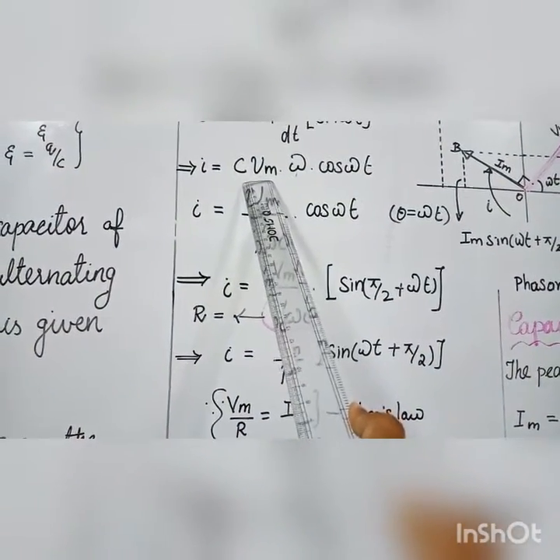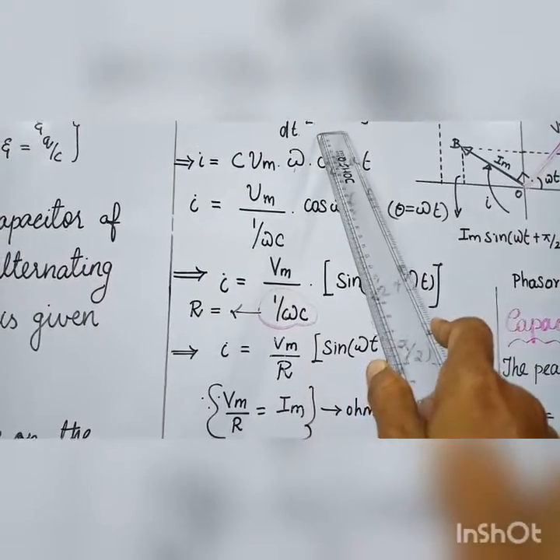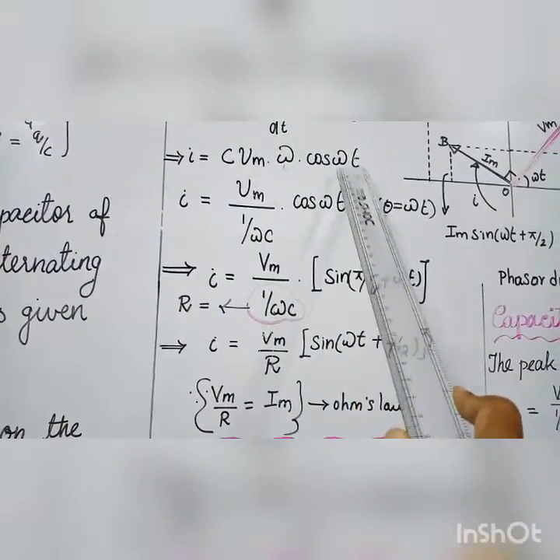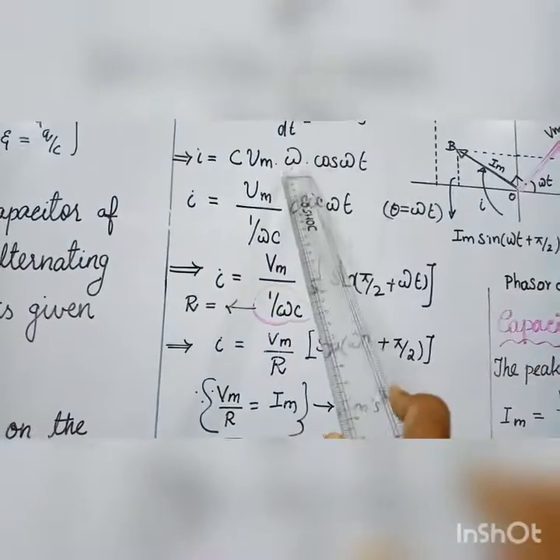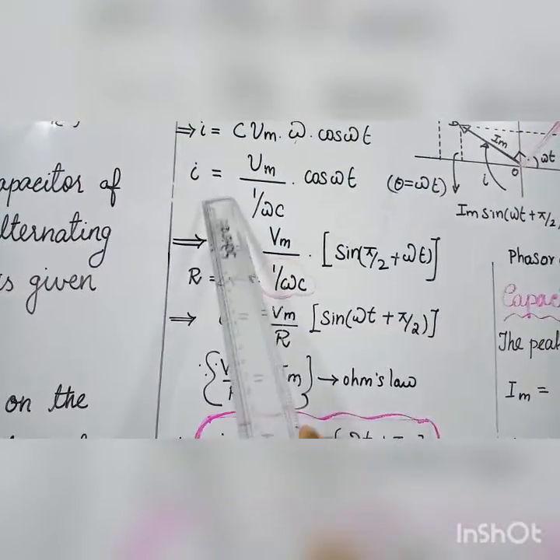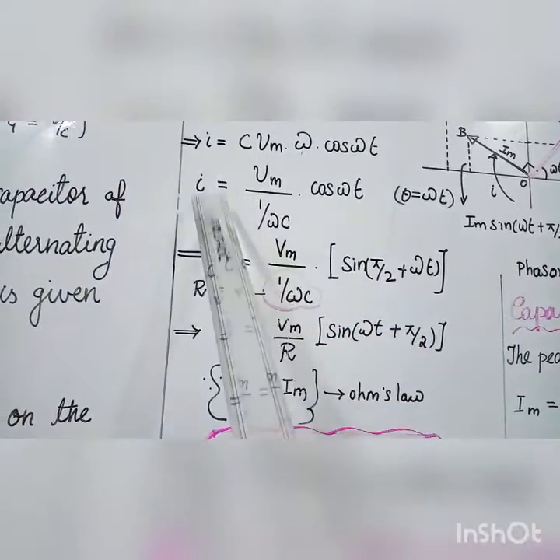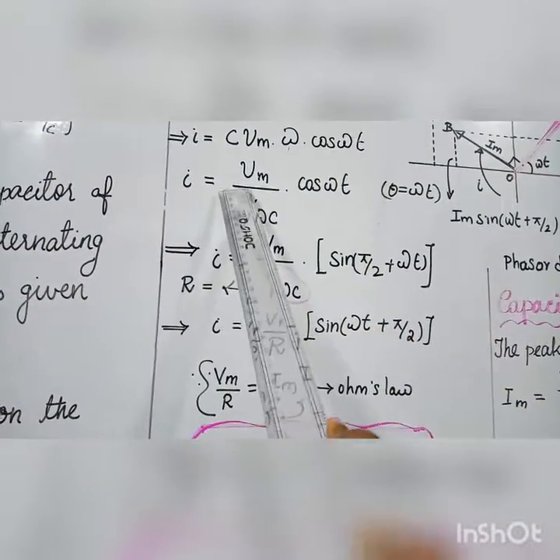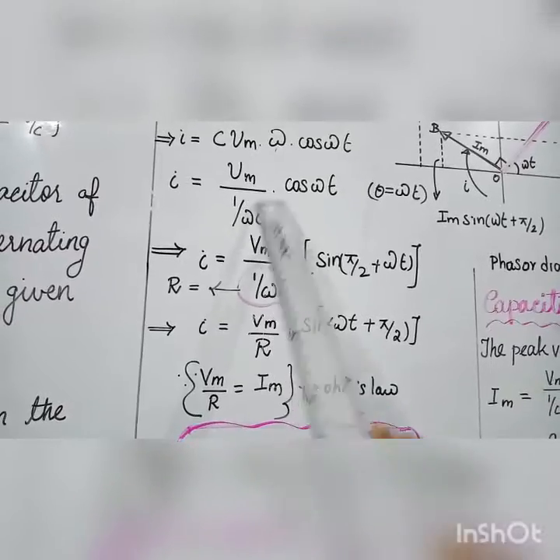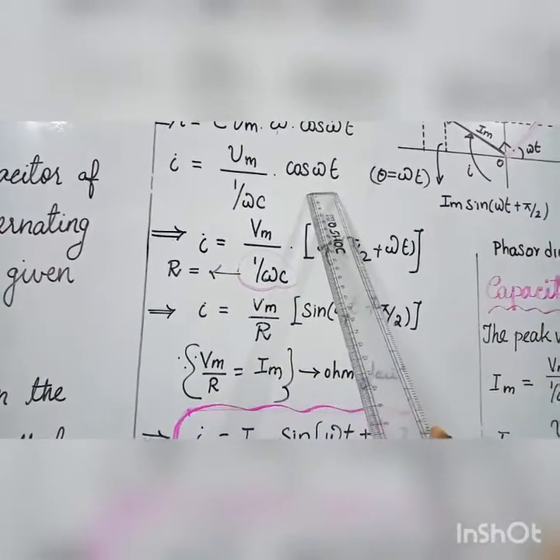Differentiating sin omega t gives cos omega t, with omega as the only differential factor here. So I is equal to Vm C omega cos omega t. Taking C omega to the denominator, I is equal to Vm divided by 1 by omega C into cos omega t.